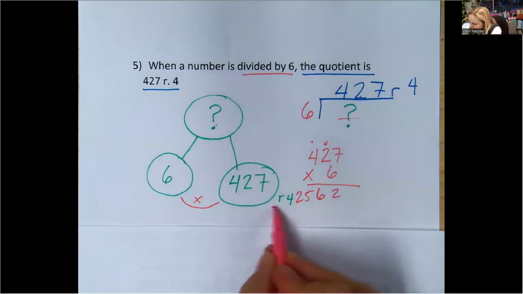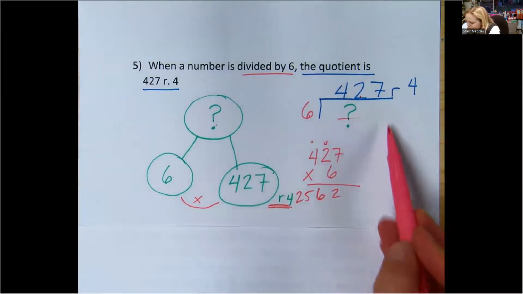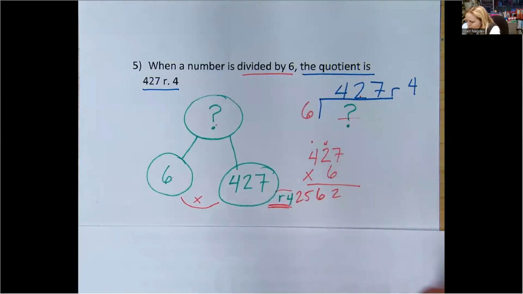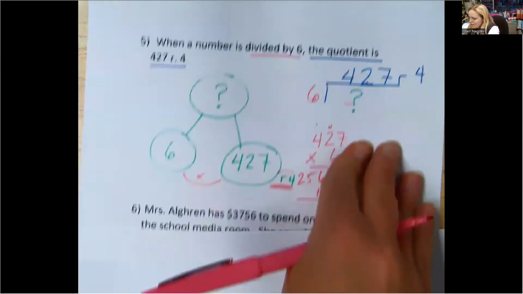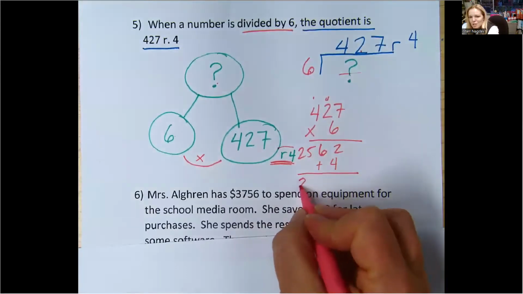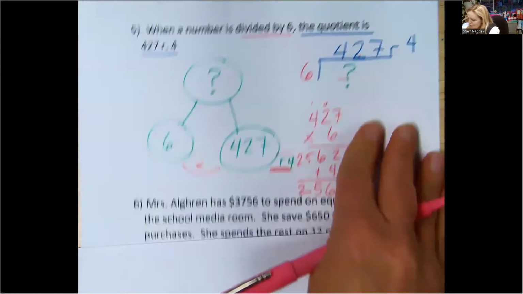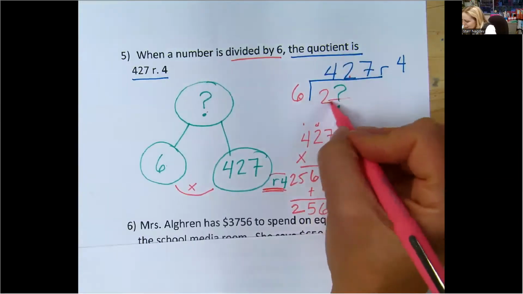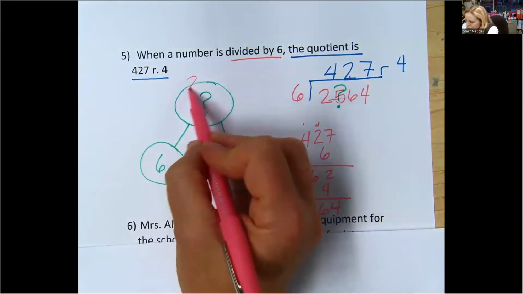But this remainder means that it is in the answer, and when we're doing our dividing, there's some left over. So what do we do with that remainder? We have to add it to our final answer, which gives me 2,564. And that becomes my dividend. Okay, that's what was missing here, 2,564.